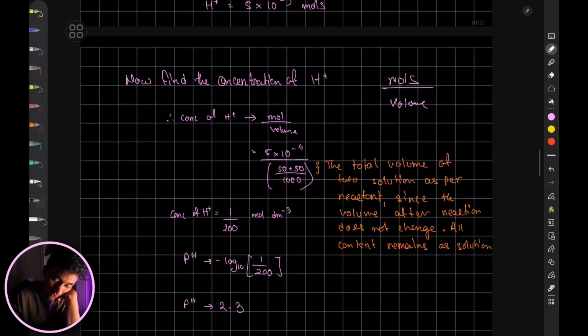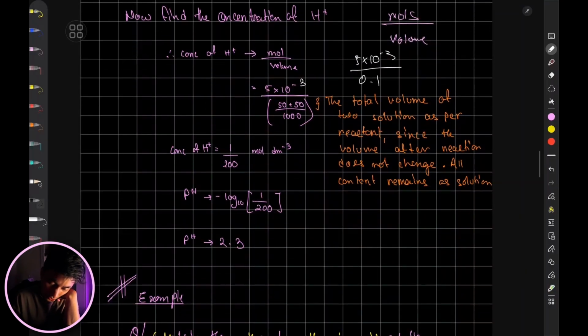Essentially you have not 4, 3. So 5 into 10 to the power minus 3 divided by 0.1. This should give you, I believe, 1 by 200. Is it 1 by 200?